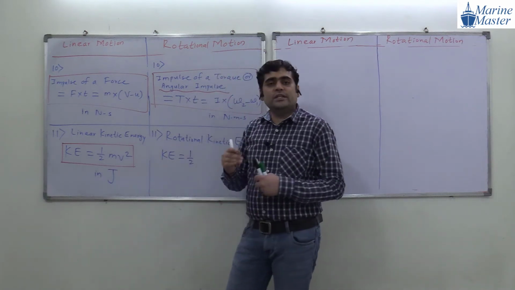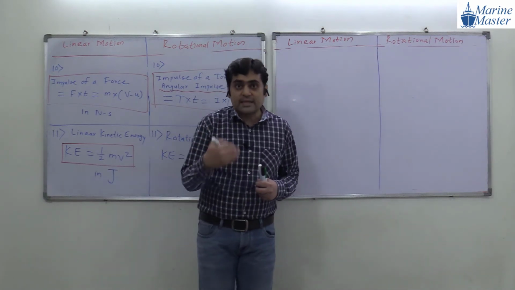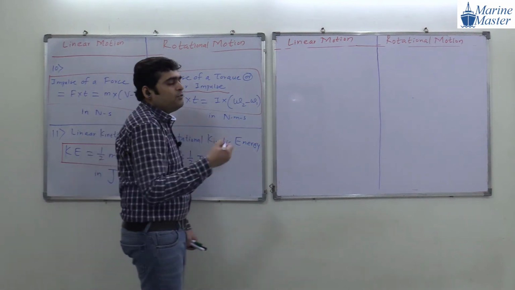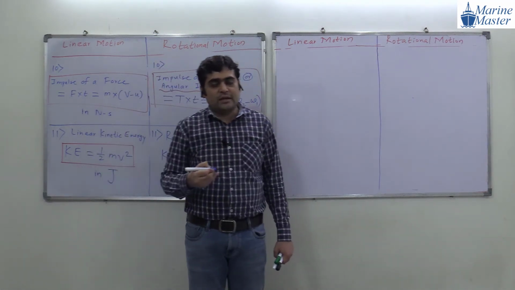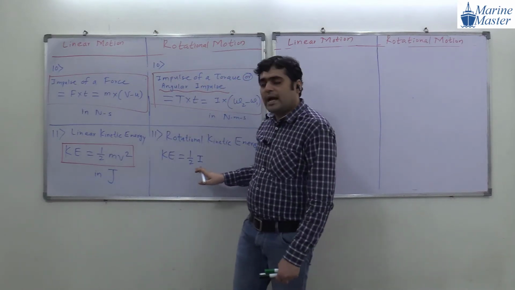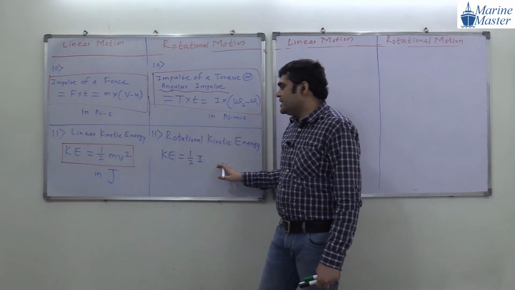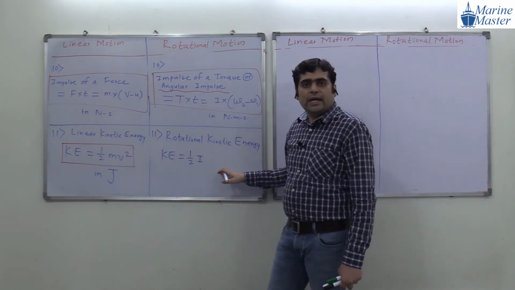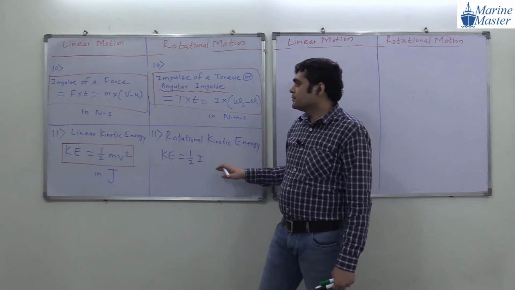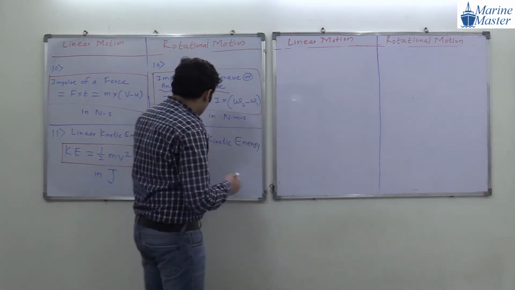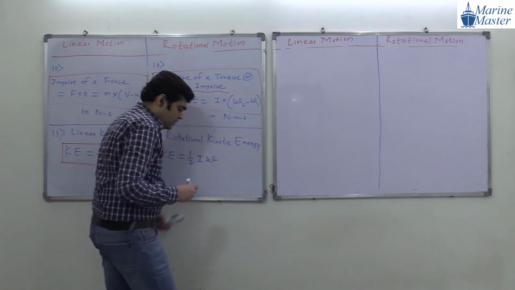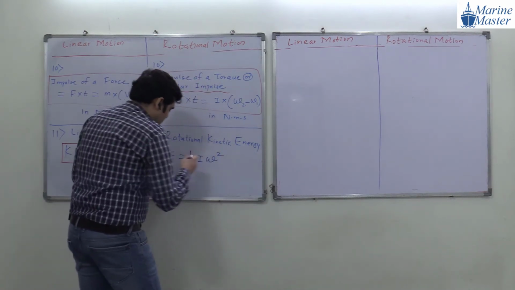In rotational motion, instead of mass what can we use? I. I stands for mass moment of inertia, m k square. Mass times k square is the relation for I. Instead of v, we use omega. Half I omega square.